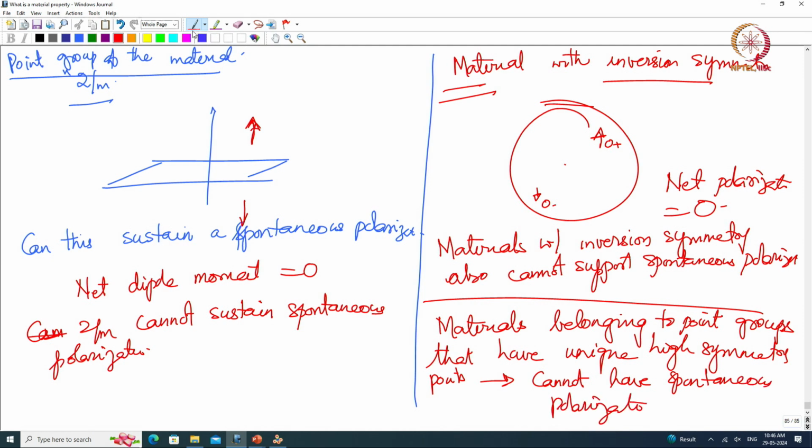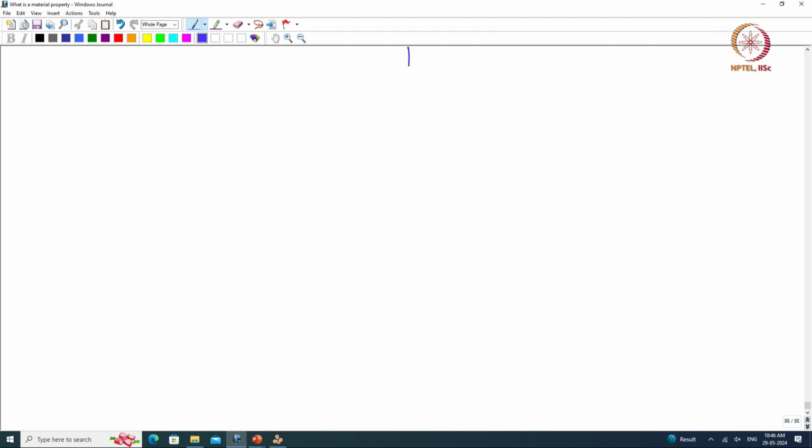You can actually geometrically prove this. This is not a very hard statement to prove, although we are not going to do that here. We are just going to take that as a fact.